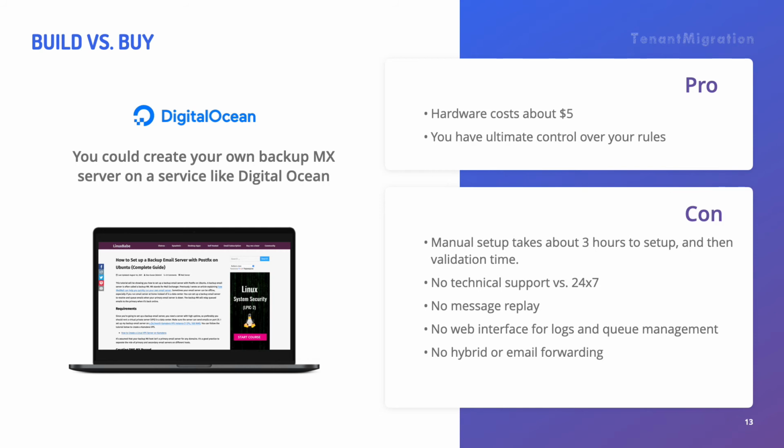When you do this, you are going to have to rely on the fact that you're going to have no technical support, versus where we have 24/7, and you're not going to have message replay. You will probably not have a web interface for logs or queue management, and you're going to be doing either email forwarding or an MX, but you're not going to be able to do a hybrid.